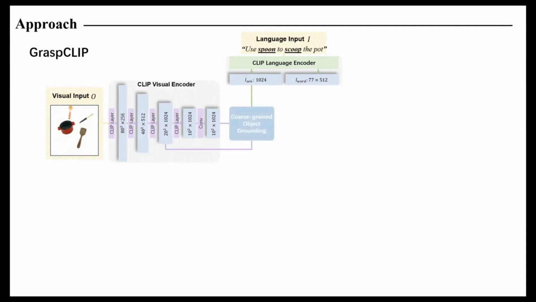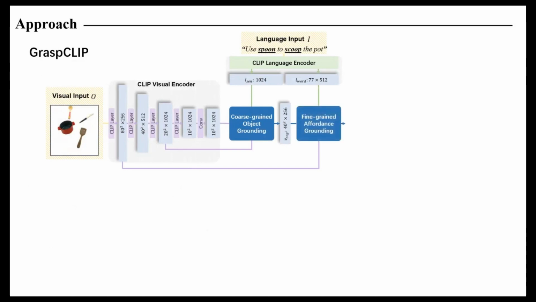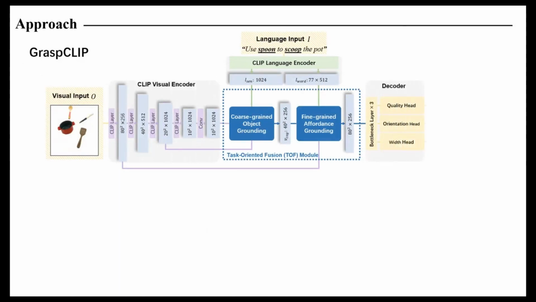Then, a two-stage task-oriented fusion module progresses from coarse to fine. The TOF module includes a coarse-grained object grounding module and a fine-grained affordance grounding module. This is in contrast to previous works which have focused on object grounding only. The decoder predicts task-oriented grasp poses based on instruction conditional representations generated from the previous stage.